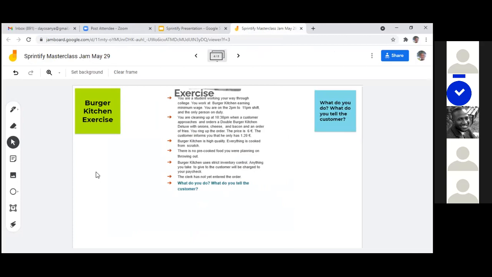The customer informs you he has only 1.2 euros. What do you tell the customer? Hello? Please go back. Has he ordered yet? Have you ordered for the food to be made yet?